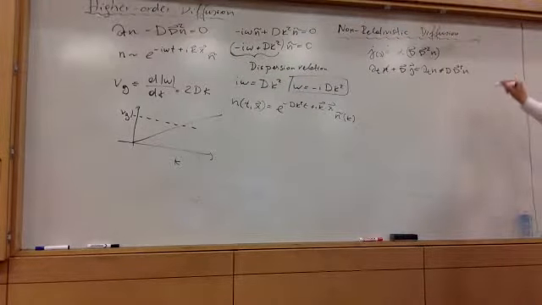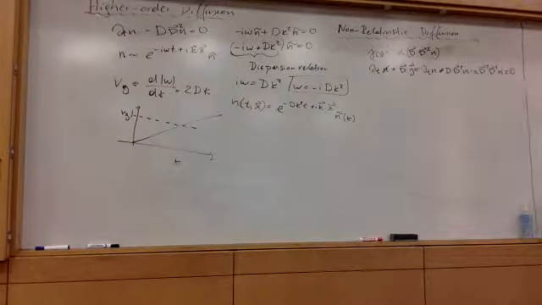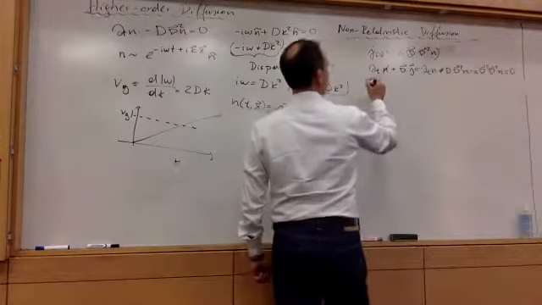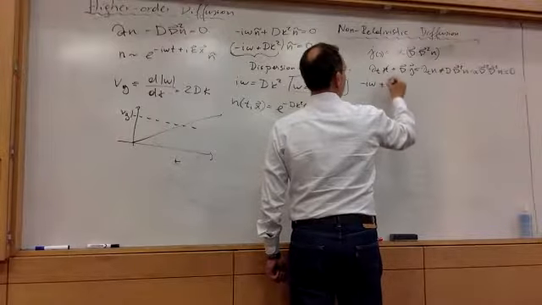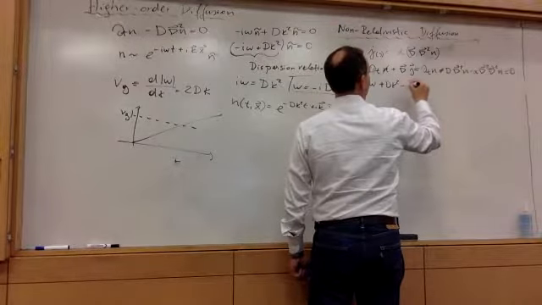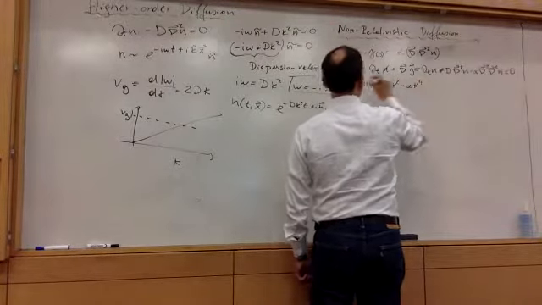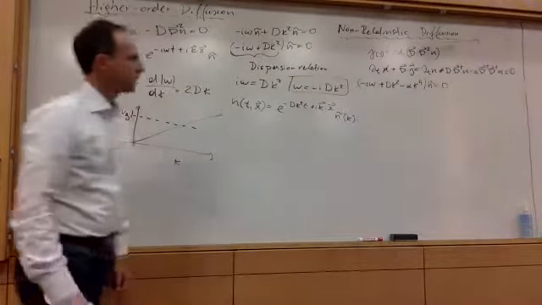And now we have this additional term, minus alpha, and now we get two Laplaces acting on n. Again, we can Fourier transform this equation: i omega plus k squared minus alpha k4, times n equals 0.